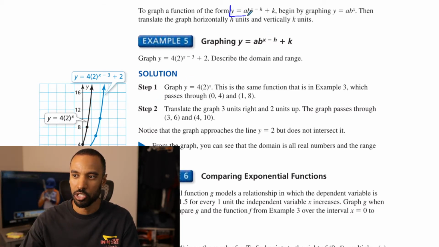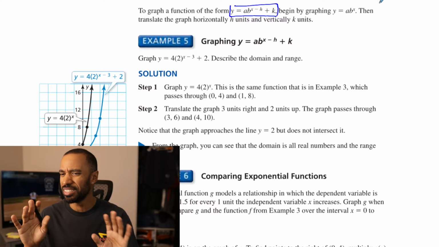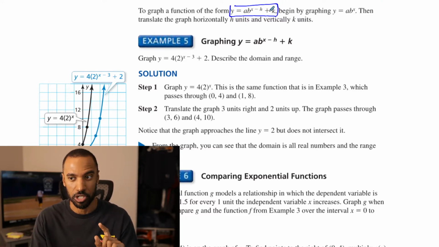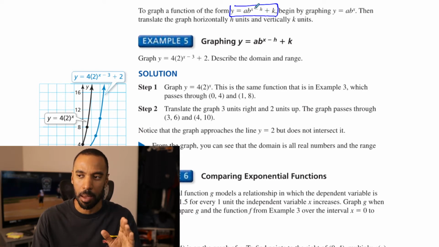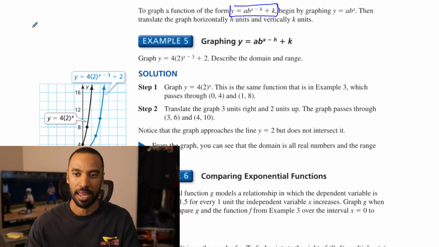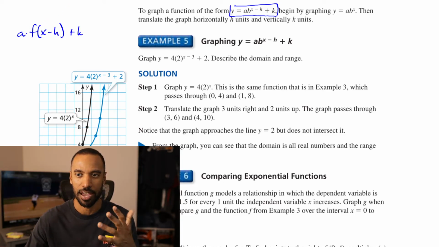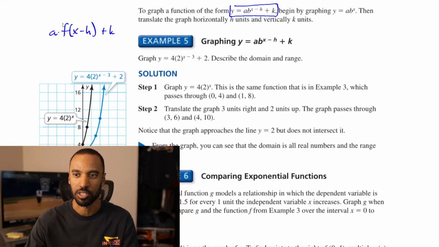To graph a function of the form y equals ab to the x minus h power plus k, begin by graphing y equals ab to the x. I might not necessarily do what they do here, but they are describing transformations. That's the big thing. If you remember the whole f of x minus h plus k stuff, a times f of x minus h plus k stuff, where our g of x is a transformation of our f of x, that's what's happening here.